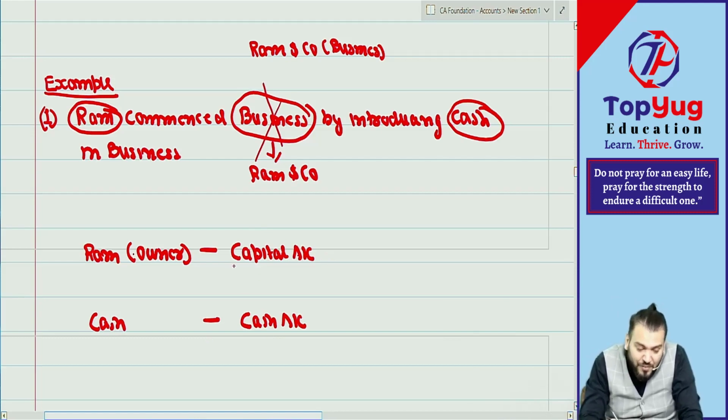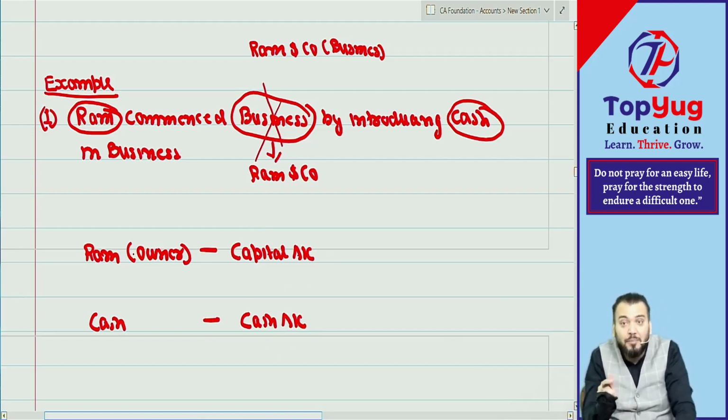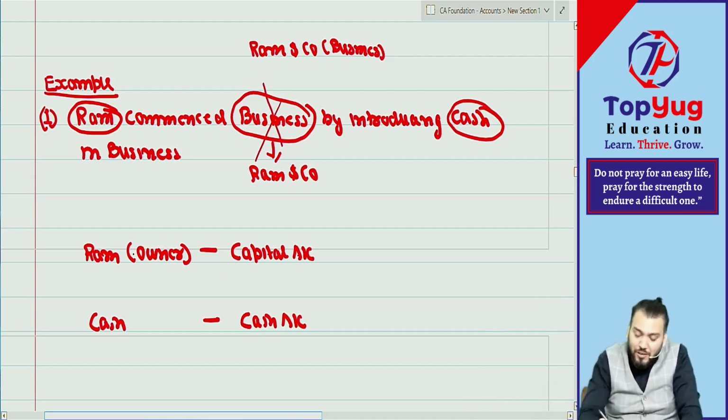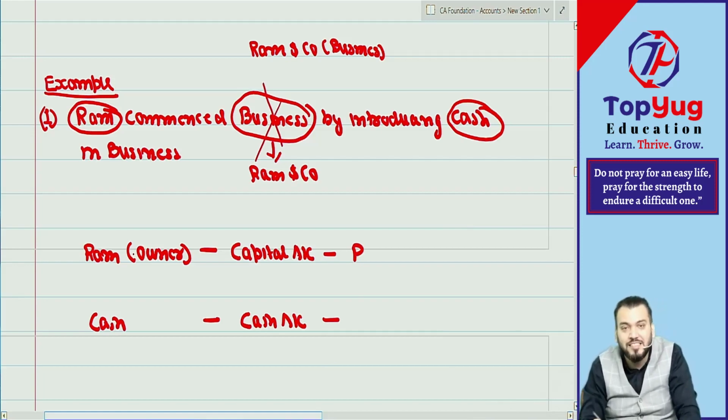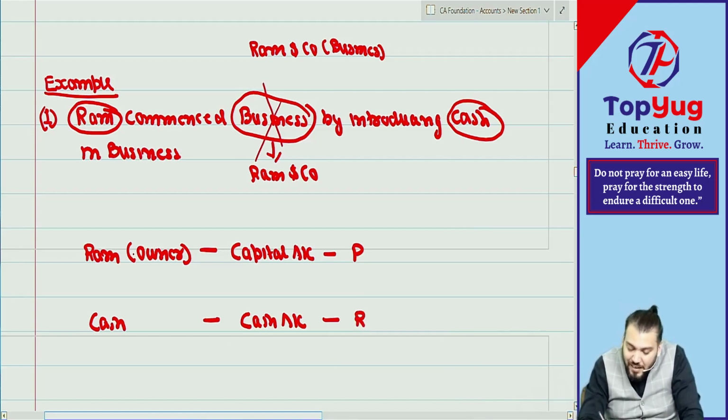Now we have identified two accounts, two aspects. One will be debit and the other credit. To find out which one is debit and which is credit, we need to identify the nature of the account. Tell me, capital account is what? Personal account. Cash is what? Real account, it is an asset. For a real account, what is the rule?